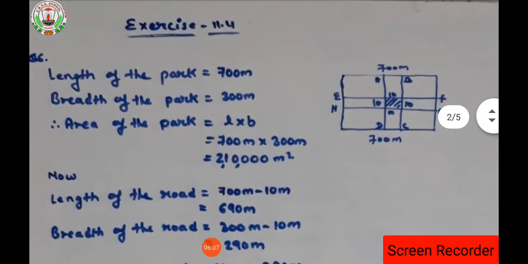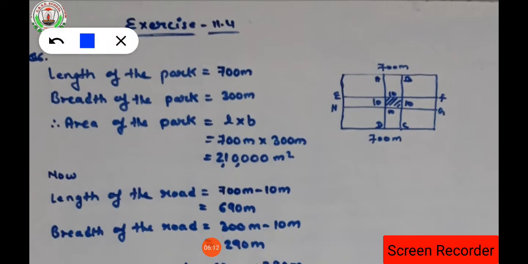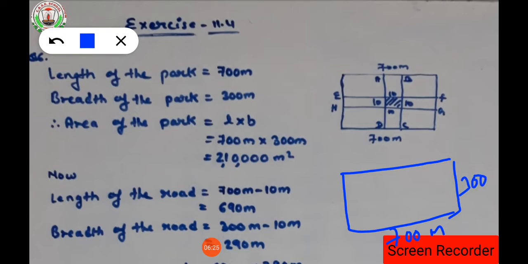So here is question number 6 first. As I told you, a rectangular park we are having, and the length of the rectangular park is 700 meter and the breadth of the rectangular park is 300 meter. With this length and breadth we can find the area of the rectangle, that is L into B. The formula of the rectangle will be used to find the area of the park.